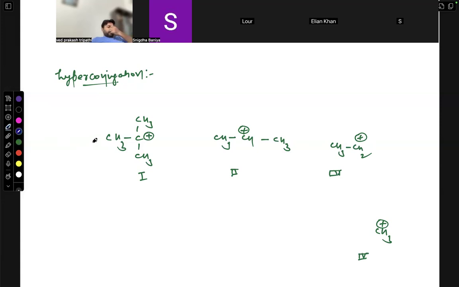Okay, listen to me very carefully. The carbon neighboring the carbocation, the very first direct carbon, is called the alpha carbon. So this is alpha, this one is alpha, this one is alpha. And the hydrogen bonded to the alpha carbon is called alpha hydrogen. So let me know how many alpha hydrogens are in compound 1.